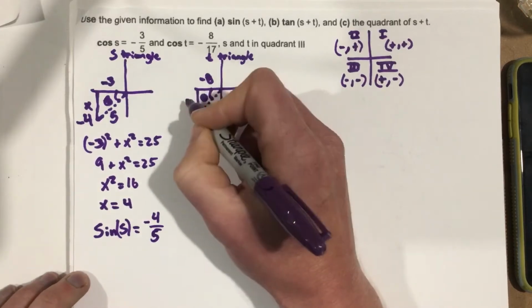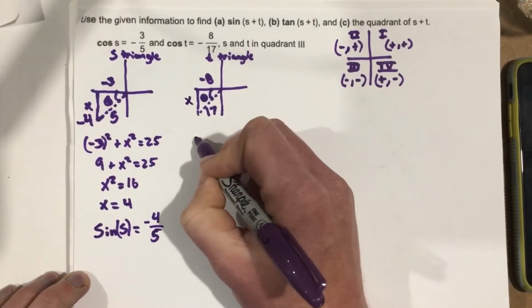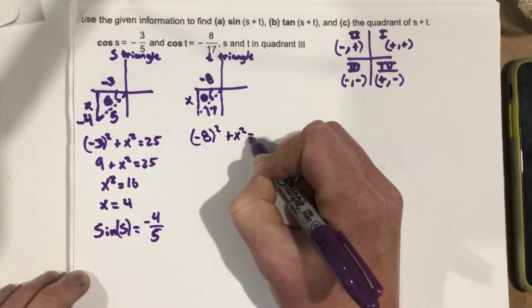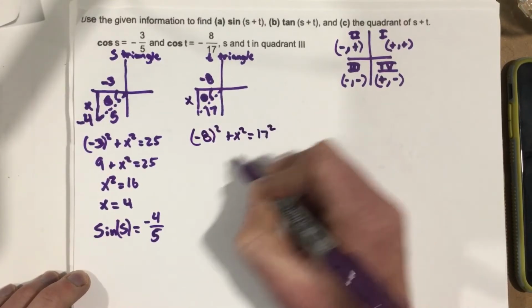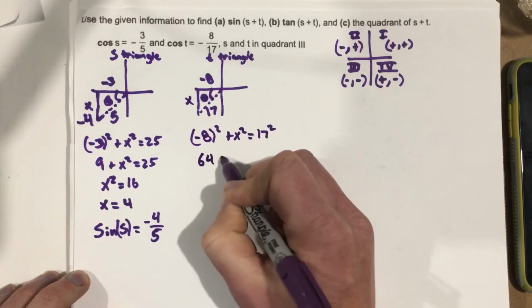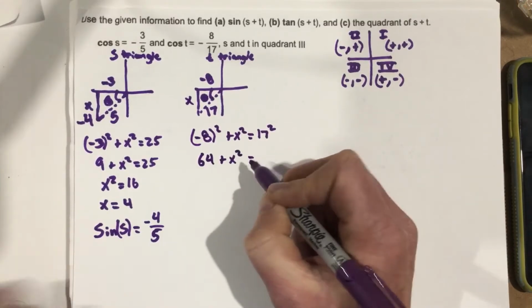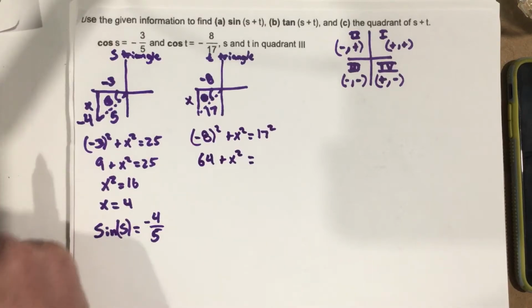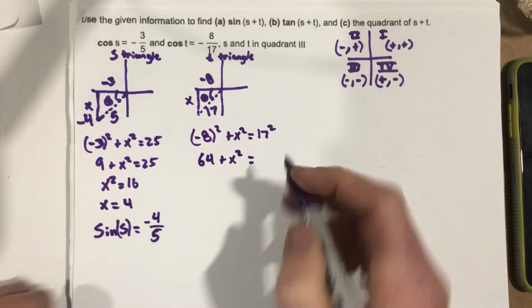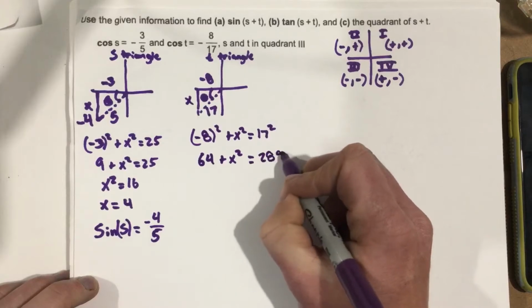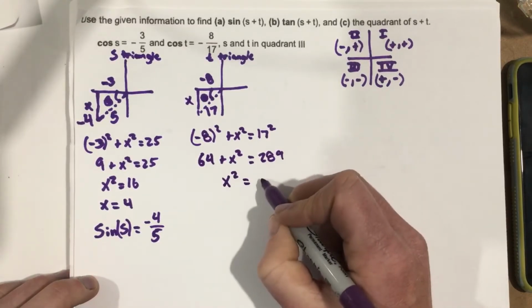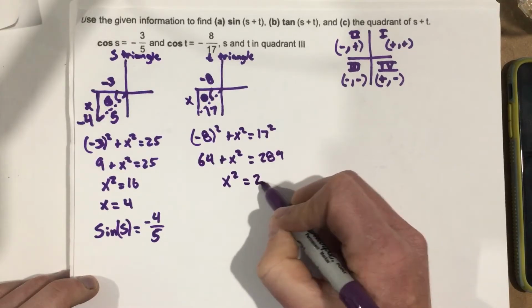Okay, let's go to this one. Let's find this side. We need to do negative 8 squared plus x squared equals 17 squared. So that's 64 plus x squared equals 17 squared, 289. So we subtract the 64, we get x squared equals 225.